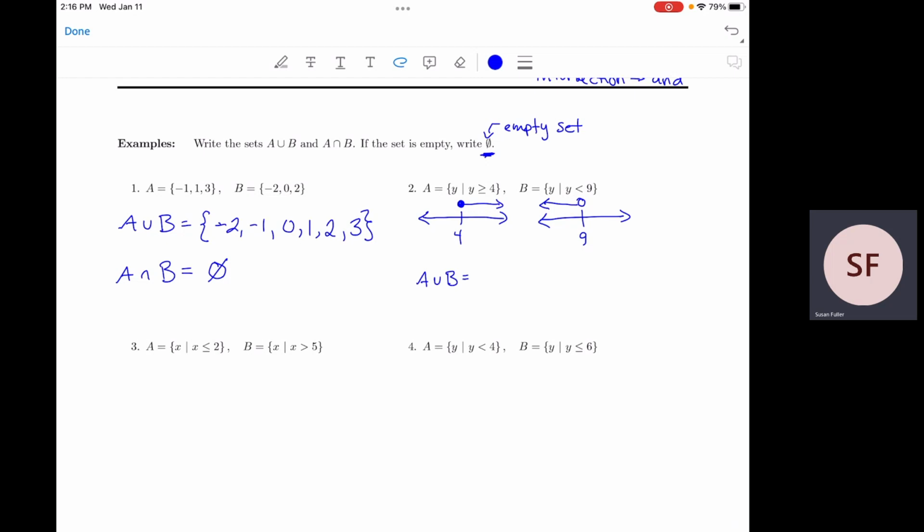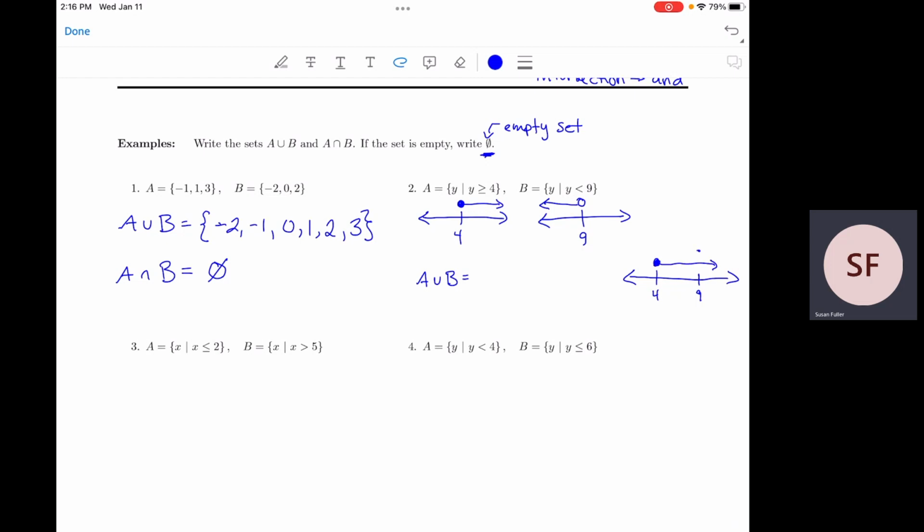What numbers are in either of these at the same time? In order to figure this out, I often like to put both of these together on a number line. So 4 is here, 9 is here. A is going to include all of this stuff.